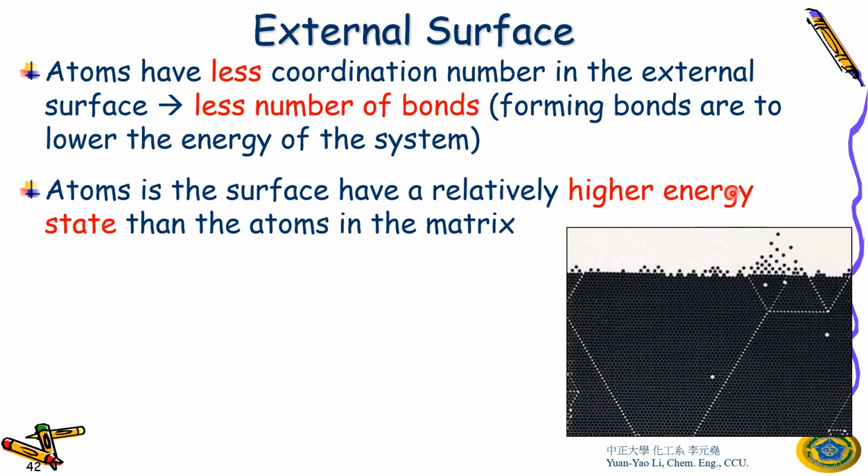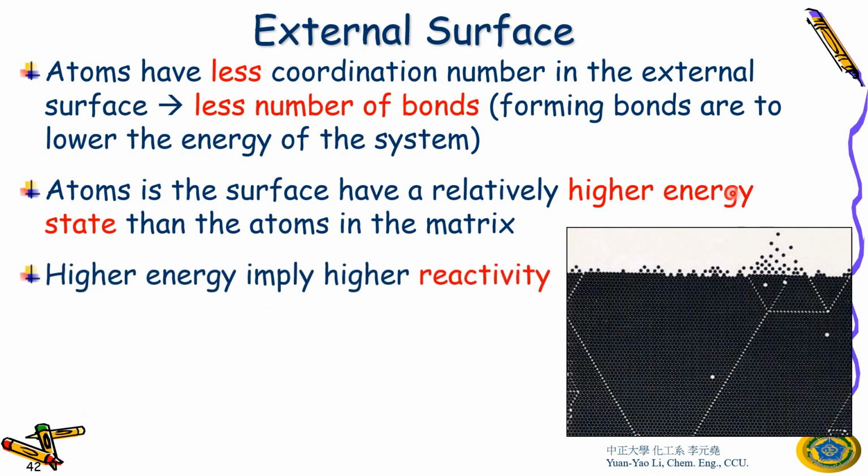So atoms on the surface are in a relatively higher energy state than atoms in the matrix. That means they are not stable, and higher energy implies higher reactivity. So when you have a chemical reaction, the atoms on the surface always start reacting with others, not the ones inside, because inside is very stable anyway.